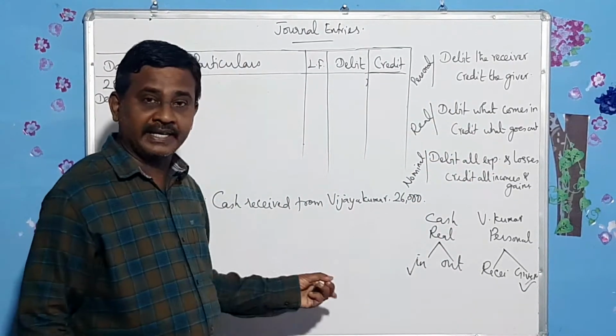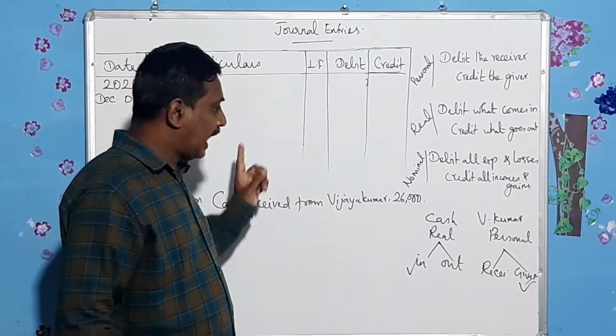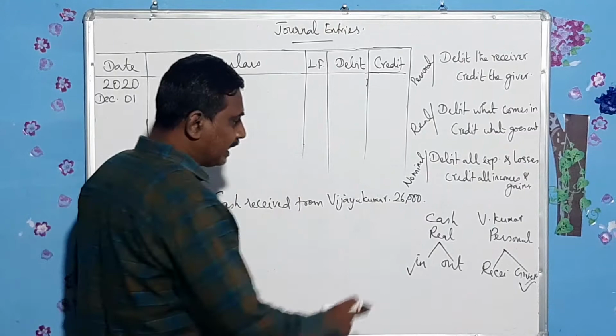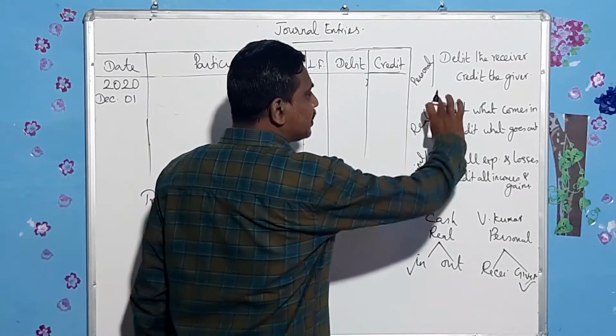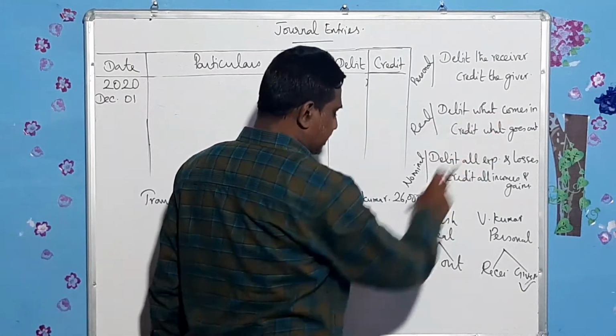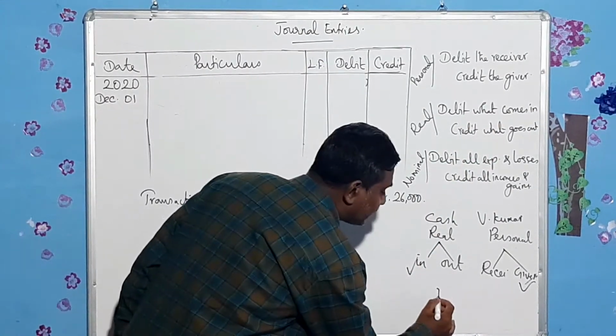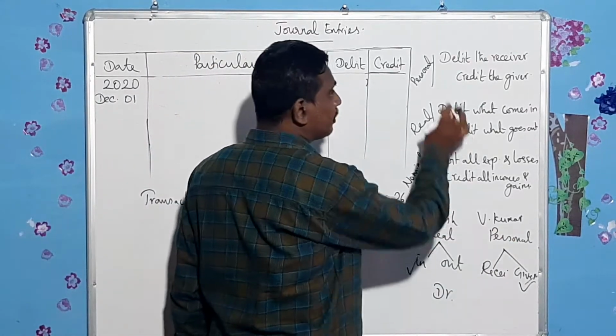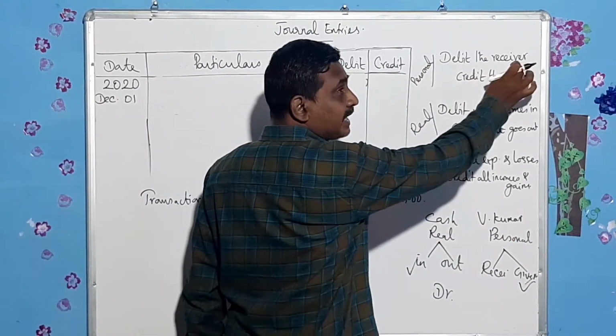Now, we identify which account should be debited and which account should be credited. Cash means real. Real means you have to see only in and out. Debit what comes in. Here cash comes in, so this account should be debited. And Vijay Kumar, personal account. See whether he is the receiver or giver.